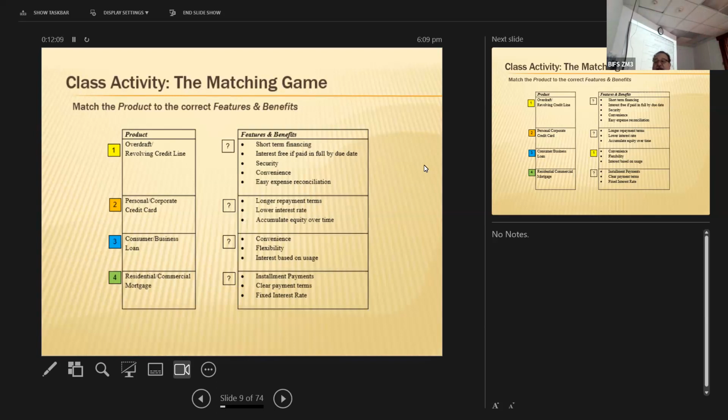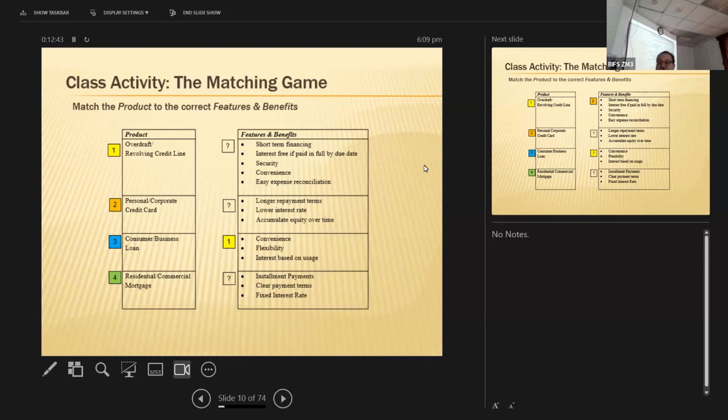We need to match the items on the left-hand side with those on the right-hand side. Number 1 is matched with what? The third one, which is convenience, flexibility, interest. Everyone agree with that? Yes, so the third one on the right.